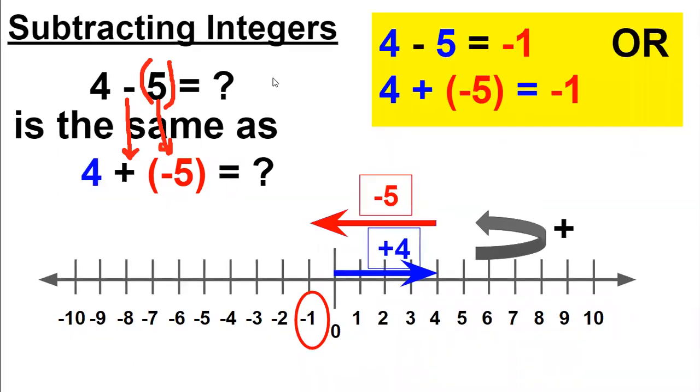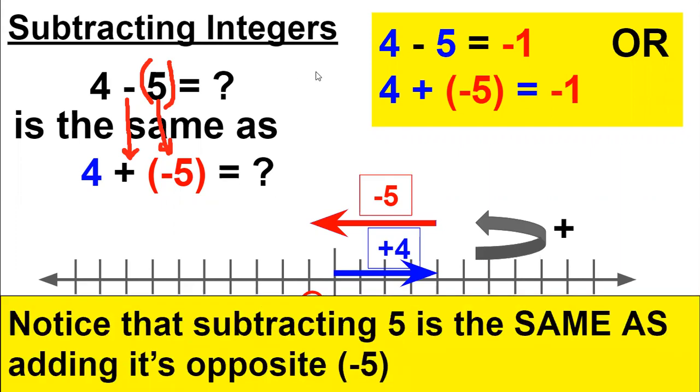So 4 minus 5 equals negative 1, or 4 plus negative 5 equals negative 1. Notice that subtracting 5 is the same as adding its opposite, negative 5. Hopefully that's clear to you. Let's move on.